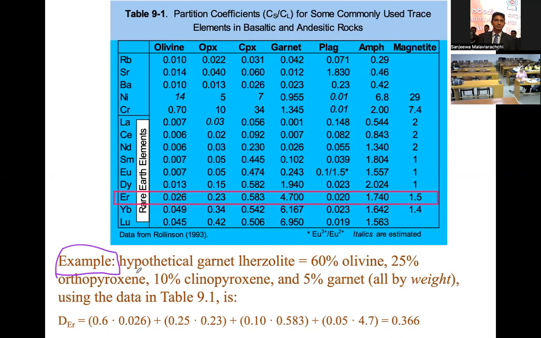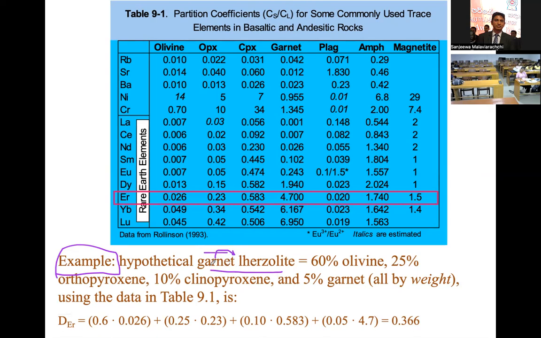Let's say a hypothetical garnet lherzolite. What is lherzolite? Remember, lherzolite is a mantle composition, a mantle rock. It can have olivine, pyroxene, CPX, like those minerals. Since it has garnet, normally we don't take garnet in the mantle rock classification. If garnet is present, then you just make it a prefix, so garnet lherzolite.